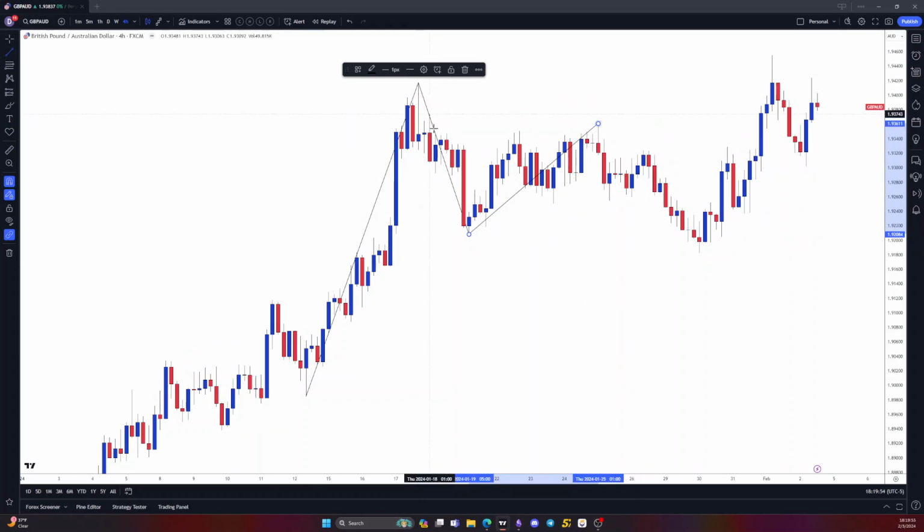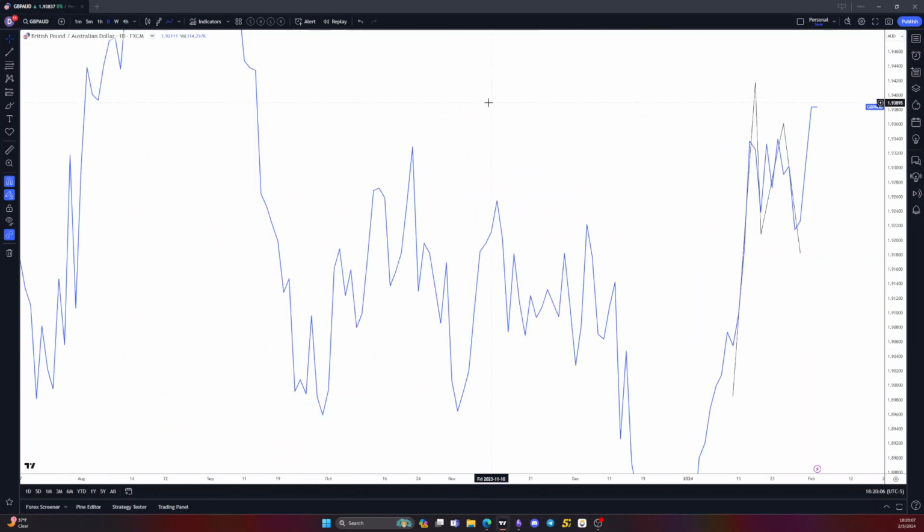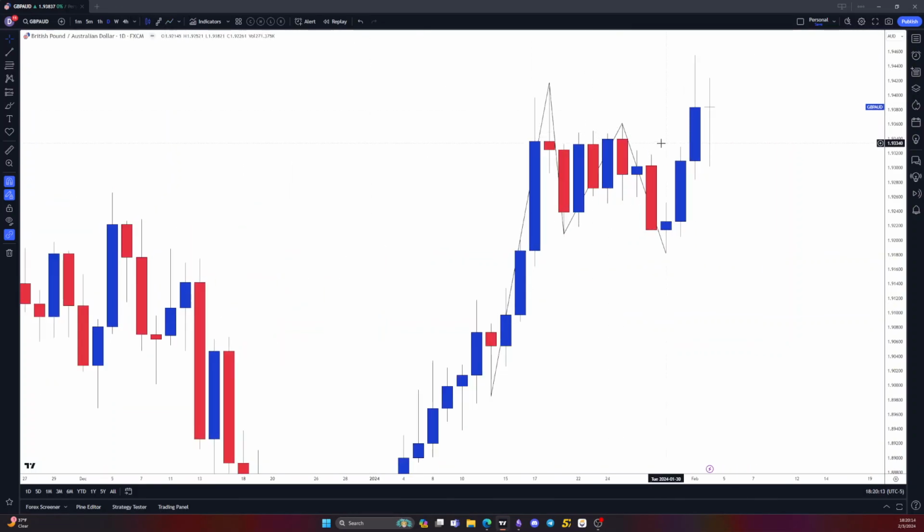So we have one leg, two legs, and three legs here. Let's see how it looks on the line chart to see if it's clear. It's not that clear. It'll probably be clear on the daily. Nah, we're going to stick with the candles. It's clear on the daily.